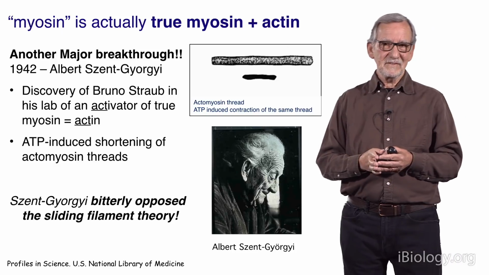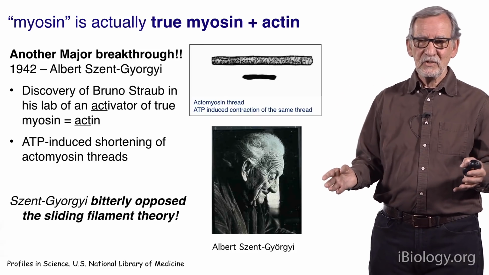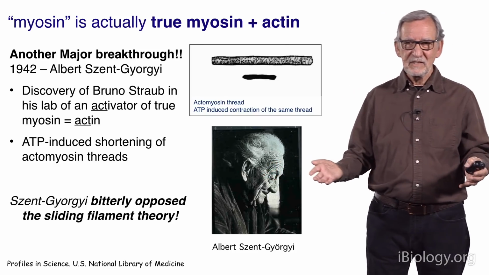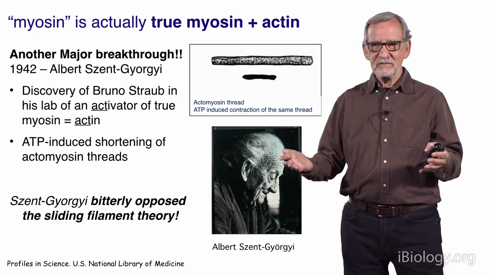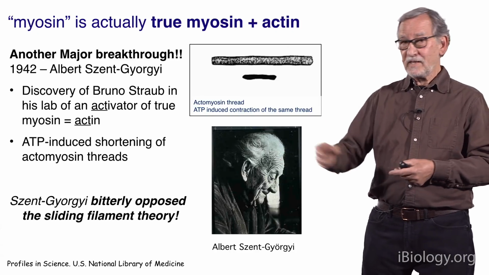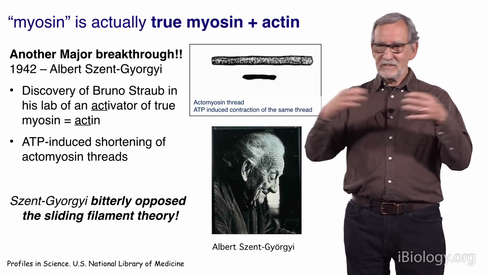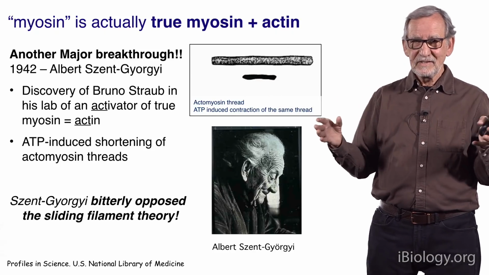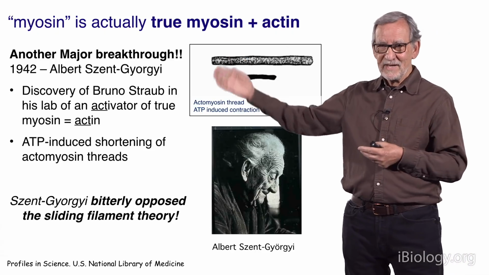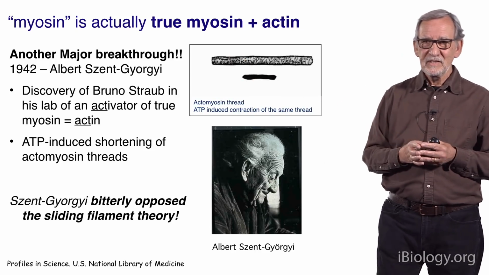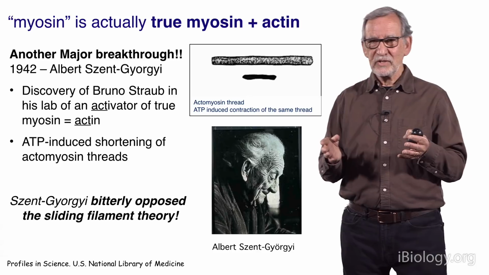And this was amazing because it was showing with two purified proteins that you could reconstitute muscle contraction in what was clearly a continuous mixture of actin and myosin, no bands, no I bands, no A bands, and yet you can get shortening.